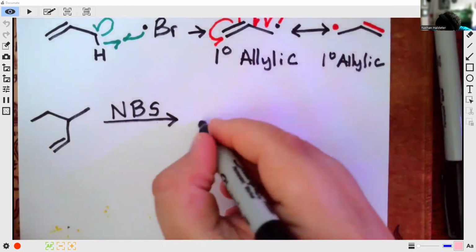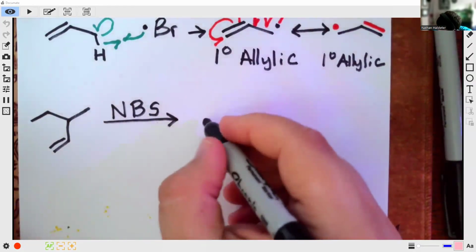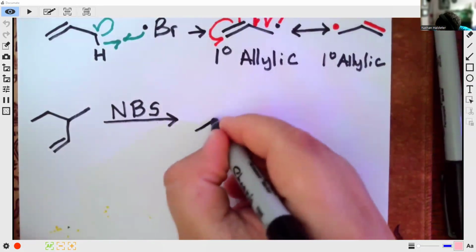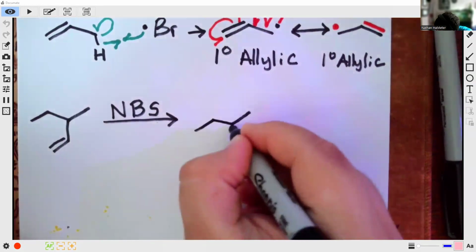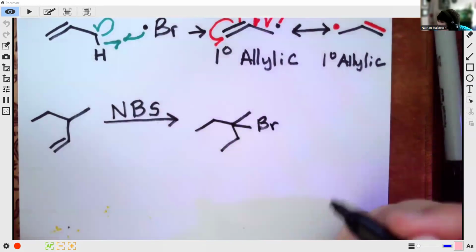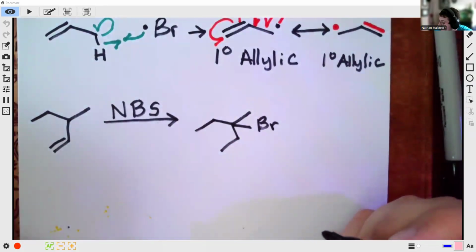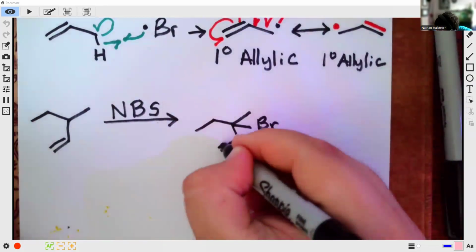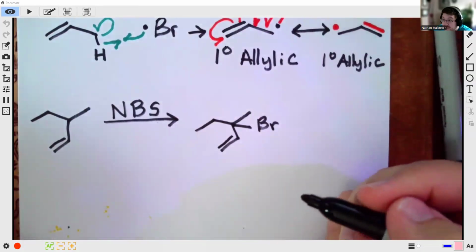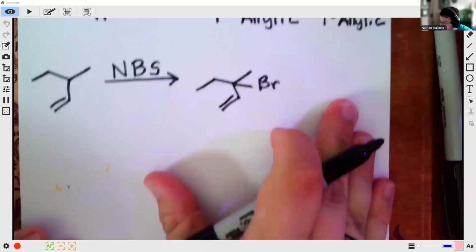Welcome back. Hopefully you paused and got your practice. So let's look at our two options here. One option is that resonance didn't occur, and we've just added a bromine right here. Our double bond didn't go away, so that would be option one. Option two, and I will show the resonance, although at this point you should be able to do it on your own.